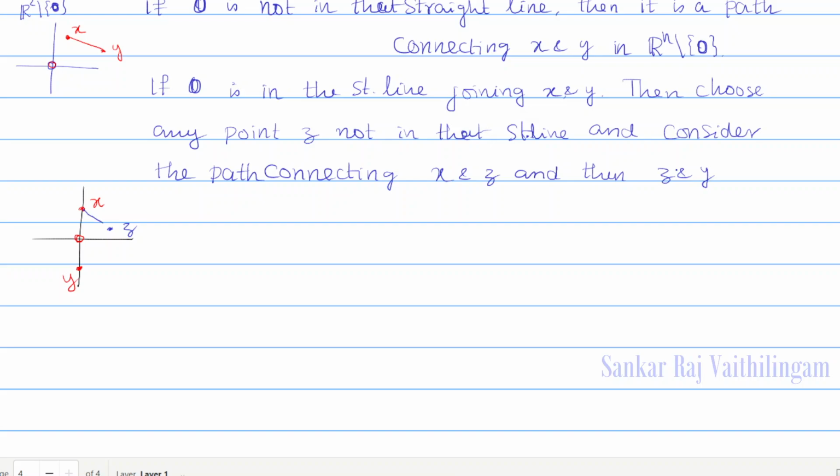Then we consider straight lines connecting x and z, and then z and y. This will be the path starting from x and ending with y in Rn set minus singleton 0. So this implies that Rn set minus singleton 0 is path connected.